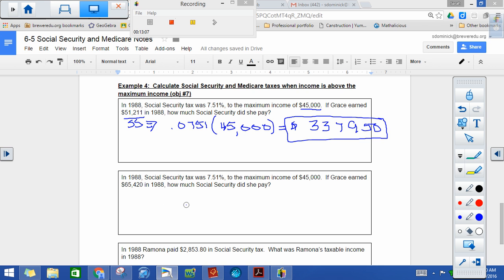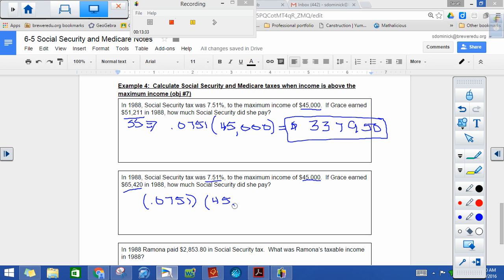The one below, still the same year, so it's the same percentage, same maximum taxable income. She's made more money. But if we're doing Social Security, they don't care if she's made more money. They're only going to look at the maximum taxable income. So I'm going to use the same percentage. I'll turn it into a decimal, and I'll multiply it by the same number.